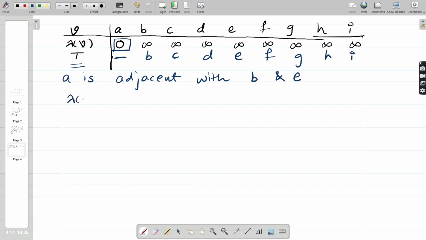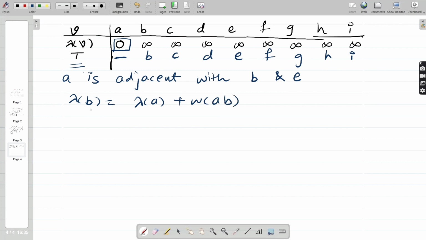So lambda of B, the formula is: lambda of B is equal to lambda of A plus weight of the edge AB.